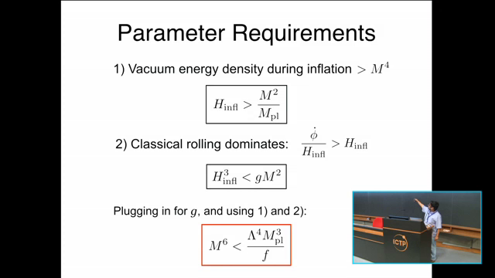And as the vacuum energy starts going up, these quantum perturbations become larger and larger. If this condition was relaxed, one can immediately see that the larger the value of m over here, the easier it is to satisfy this condition. So to get this constraint, it was crucial to use the fact that we are still living in a regime where classical rolling dominates. That's really what enforces this constraint.